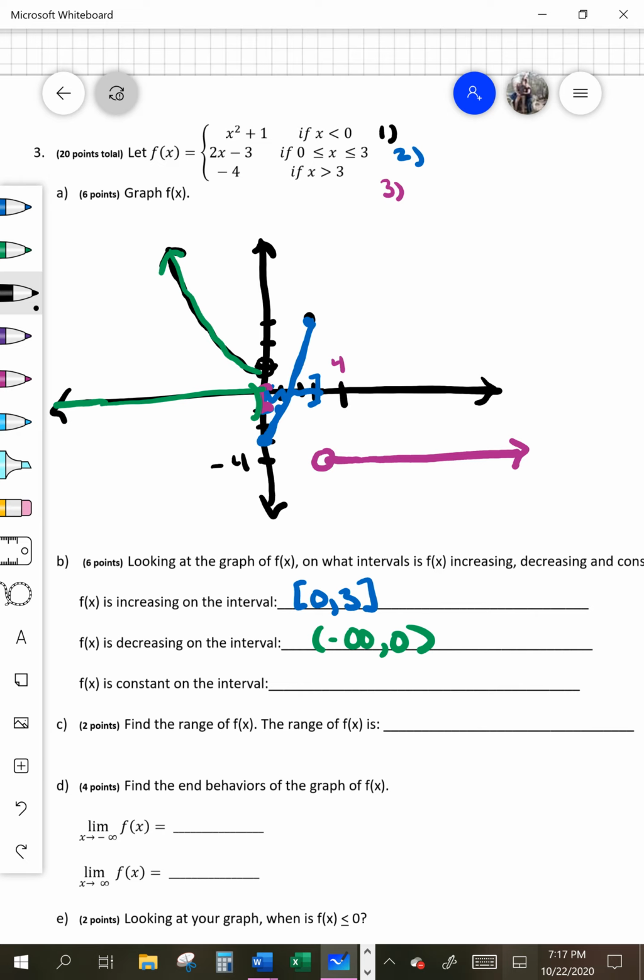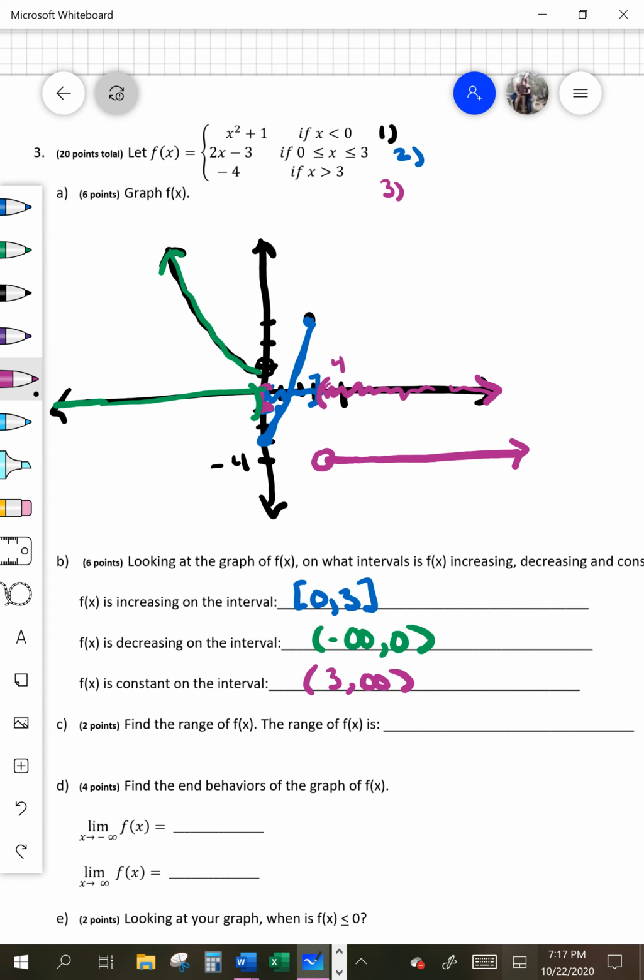Okay, so the x value where it starts to be constant, but not including getting very, very close on the left of 3, going on until infinity. So from 3 to infinity, our graph is constant.